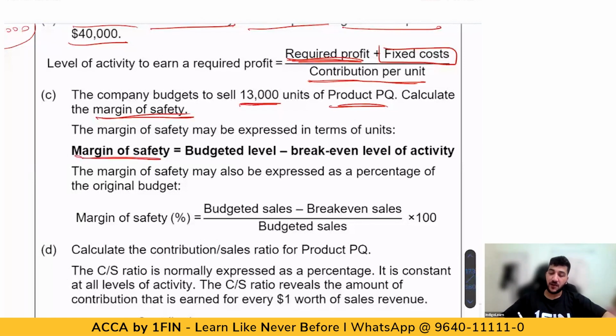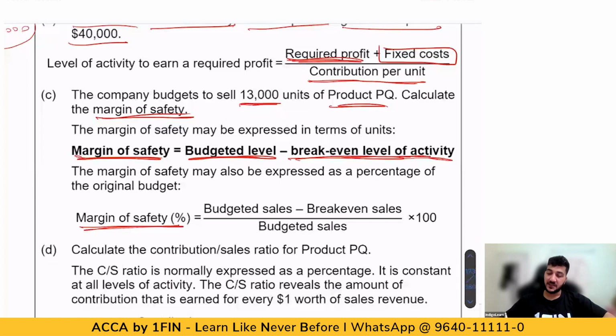So margin of safety is what? Budgeted level minus break-even level of activity. That is budgeted sales minus break-even sales, or budgeted units minus break-even units. When you do that, you get margin of safety. How do I calculate the margin of safety percentage?